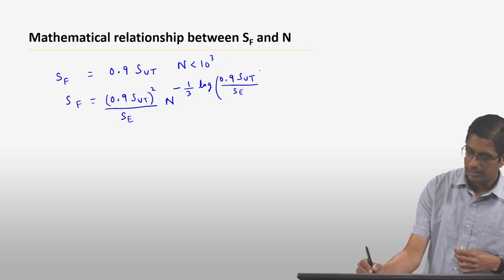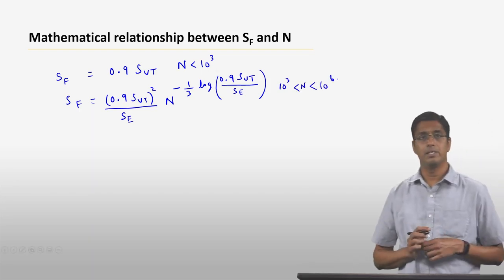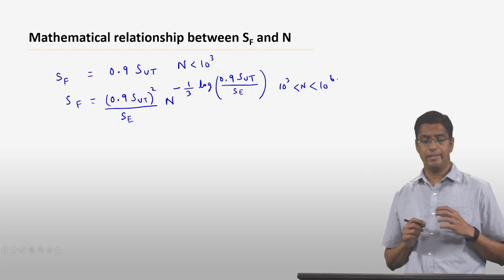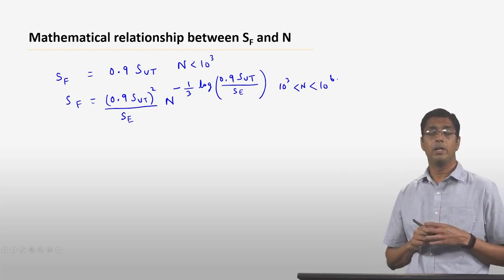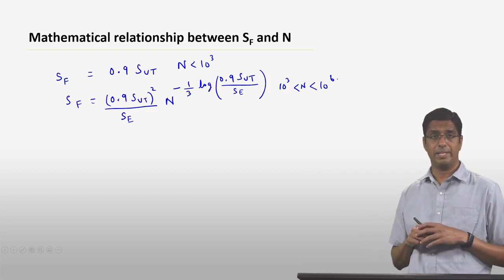That is the relationship for 10^3 less than N less than 10^6. Essentially, that is the fatigue strength for this particular range of cycles.